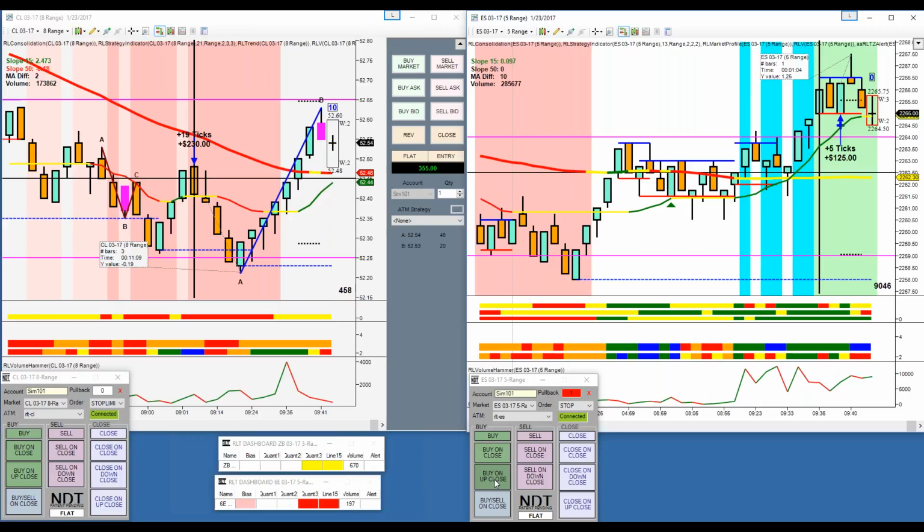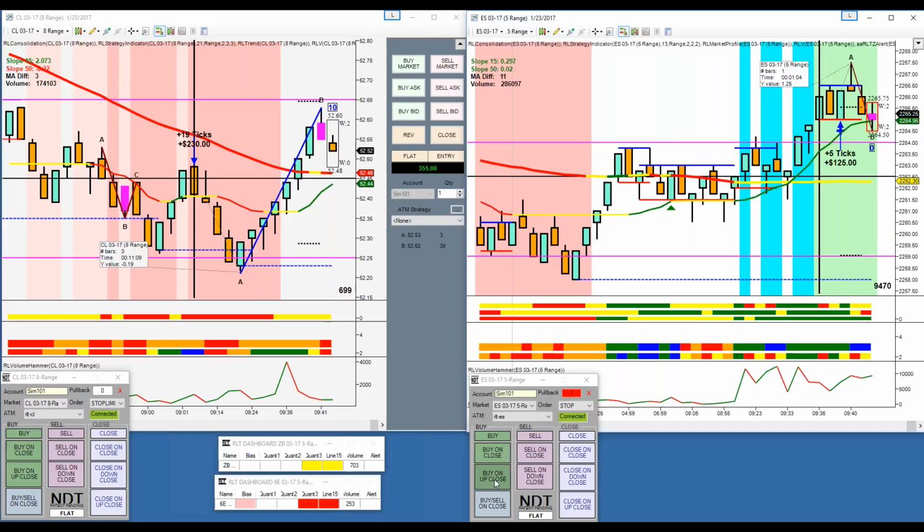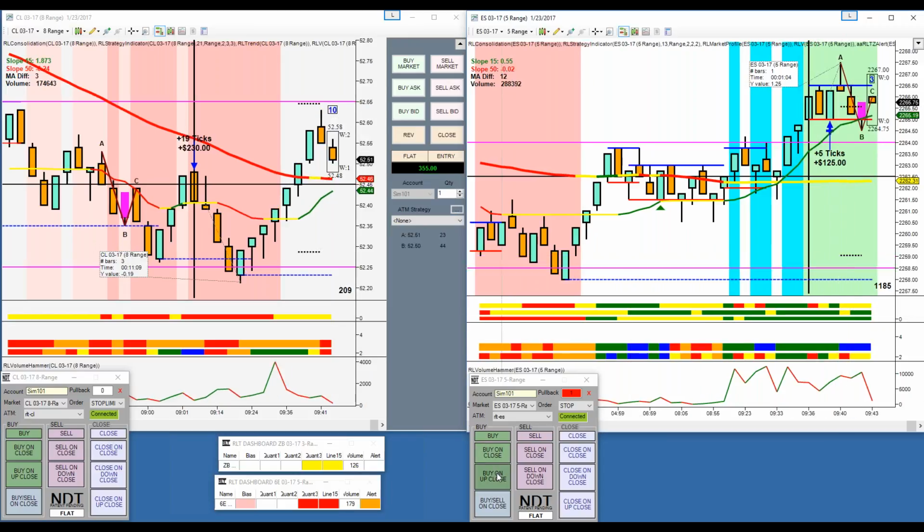I don't think we're going to get it, but we'll watch. Be careful. We need this major quant, the first line. Didn't happen.